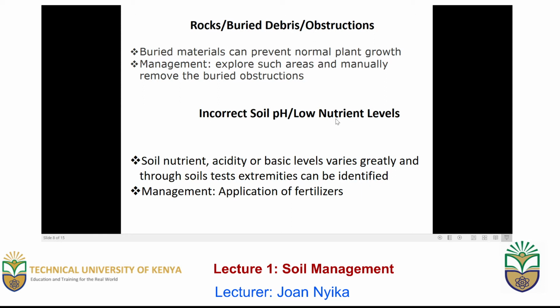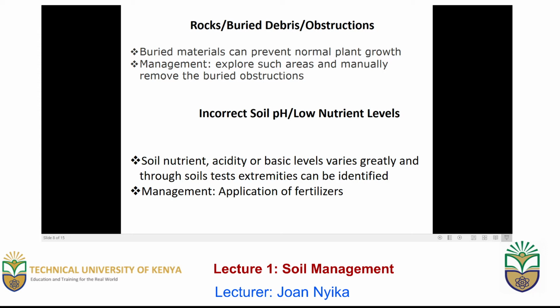In such a case, you will find that soils are on the extreme side. They are either very basic or very acidic. For instance, soils of the coast and soils of arid areas are very salty. This is as a result of accumulation of salts over time during the process of evaporation and during the processes of leaching when it is raining. Remember the processes we looked at when we were looking at soil formation processes.